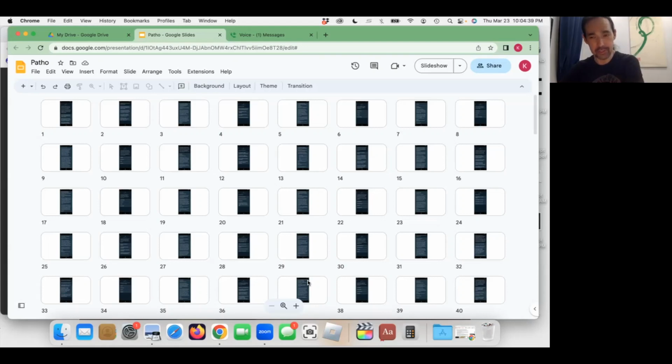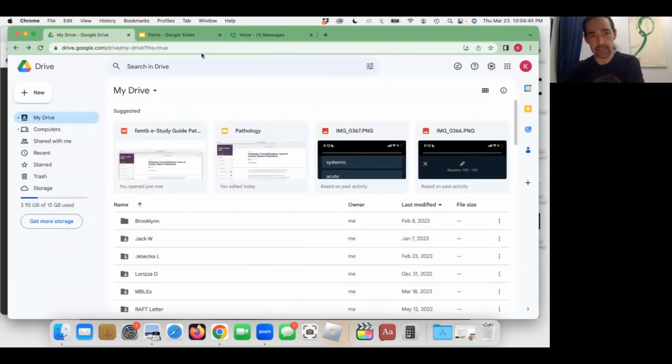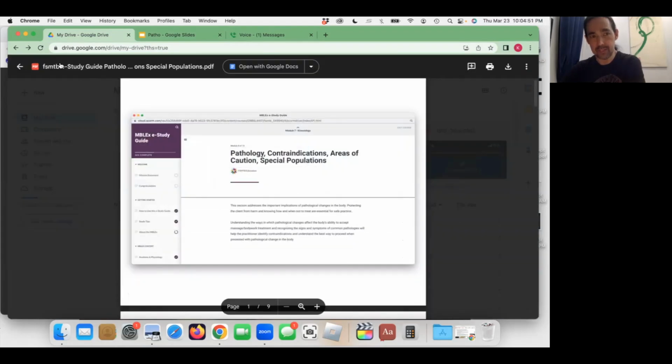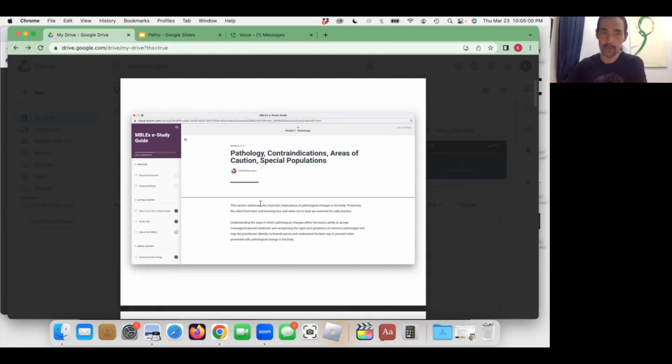Keep track of what it is you're studying, keep a log. For example, on Friday, I looked at the FSMTB patho study guide, and I looked up medications and common nervous system disorders.